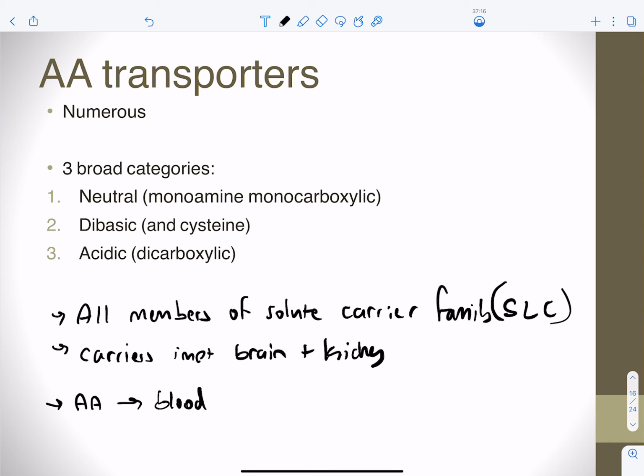And in the blood, they get transported across cell membranes in tissues, and this is primarily by a sodium-dependent co-transporter. Some of them have facilitated transporters as well.